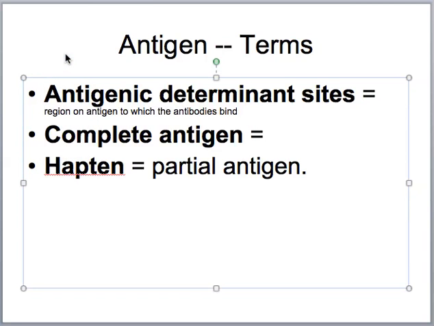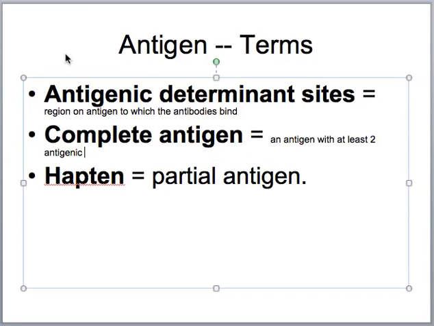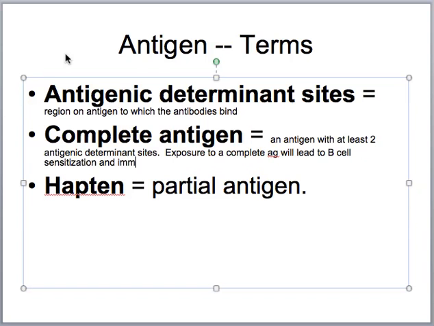A complete antigen is an antigen with at least 2 antigenic determinant groups, or sites, I should rather say, and exposure to a complete antigen will lead to B cell sensitization and the immune response, which involves B cell activation and the whole deal.